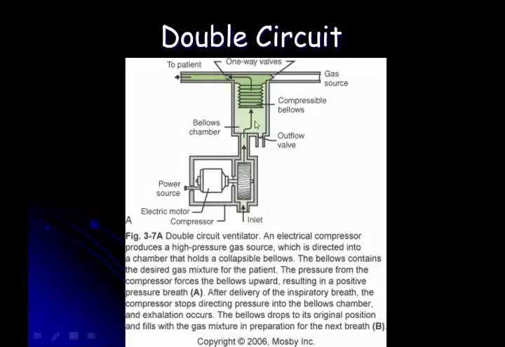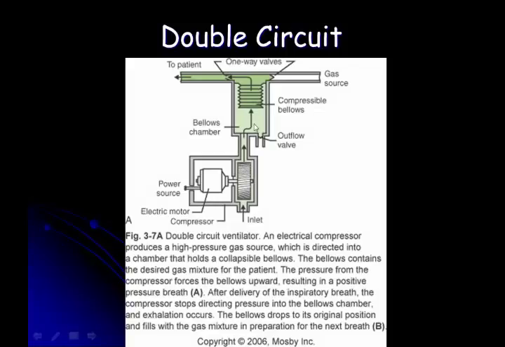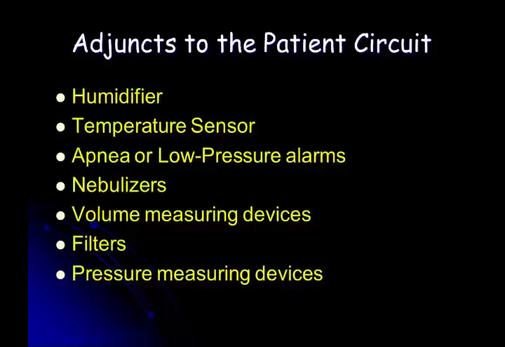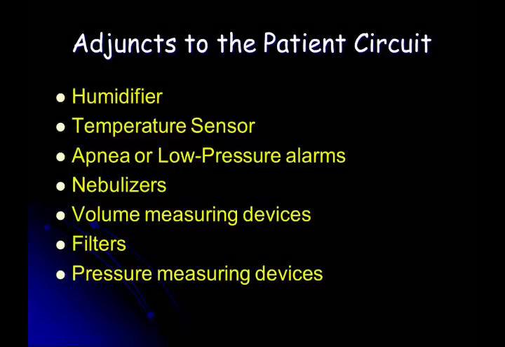So this internal power, this compressor, pushes the bellows, which then delivers the gas to the patient, but the movement of gas here isn't the part that's actually delivered. It's called a dual circuit or double circuit. And then there's all kinds of other stuff that we can add on externally or internally to have humidified gas at a specific temperature, all kinds of alarming mechanisms, and so on and so forth.